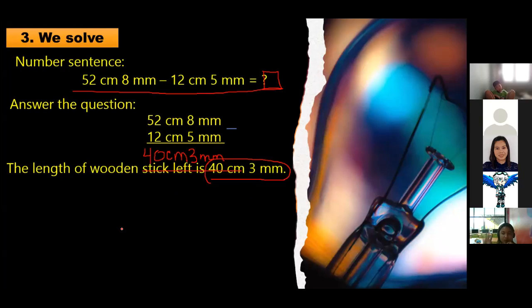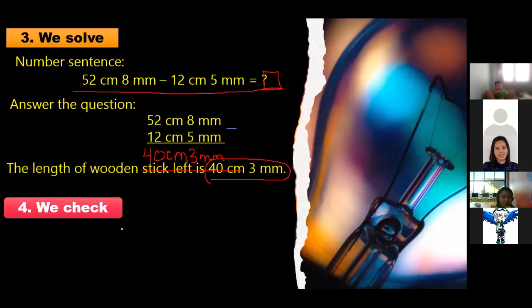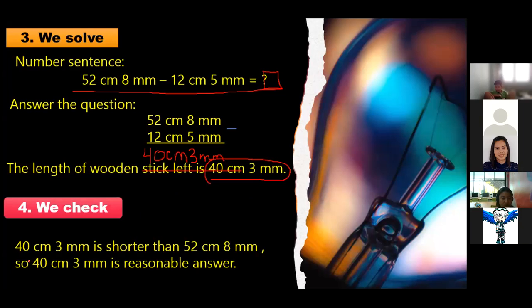So what is our last step? Step 4: we check. So now we have to check the answer. In we check, we have here 40 centimeter and 3 millimeter is shorter than 52 centimeter and 8 millimeter.